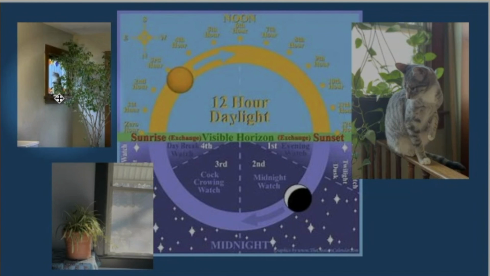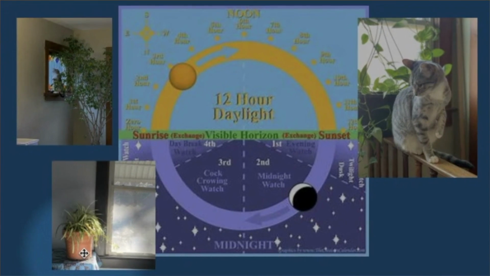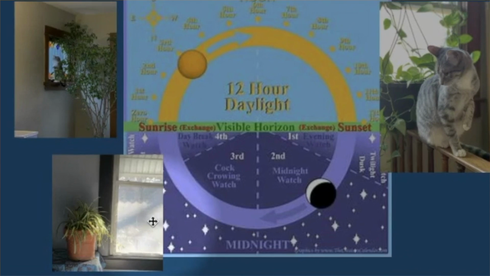She is near a window. Take a look. She finds natural light in the house. Animals like to find natural light.